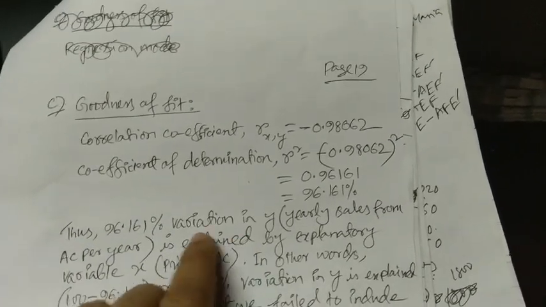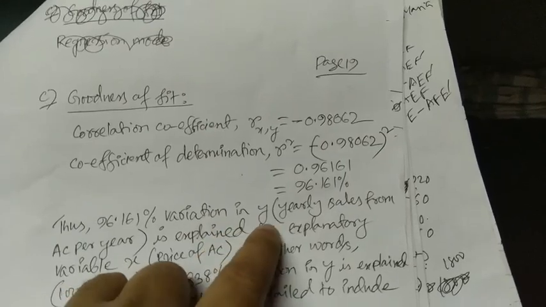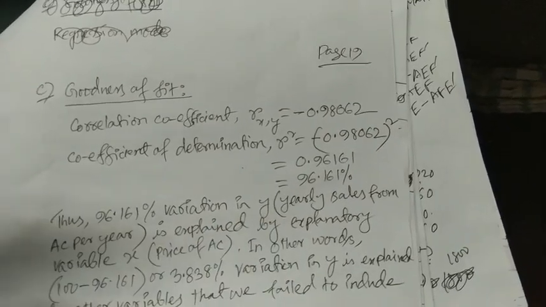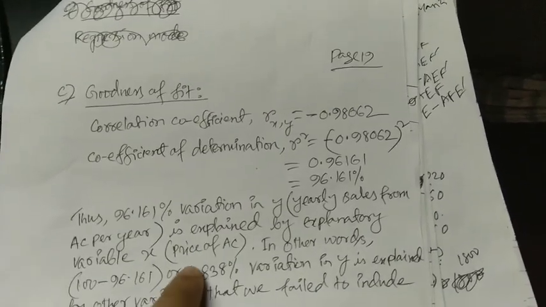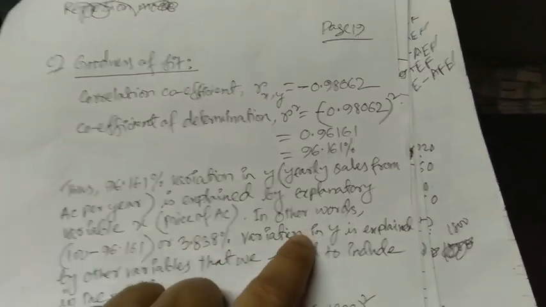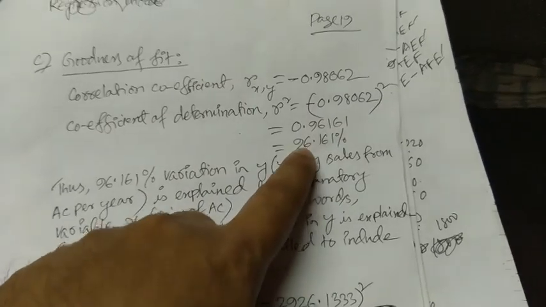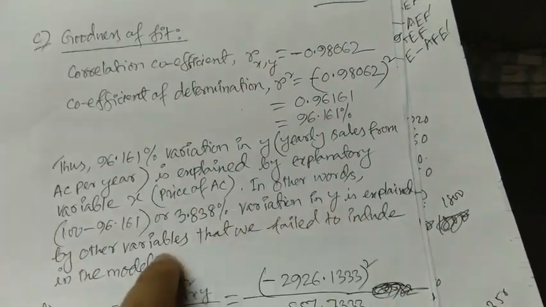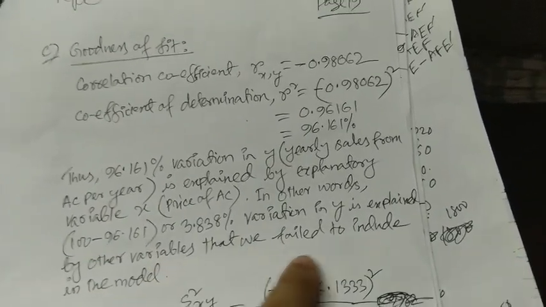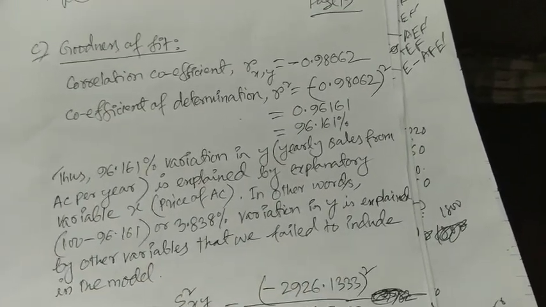And 100 minus this, that means 3.83% variation in Y, is explained by other variables that we fail to include in the model.